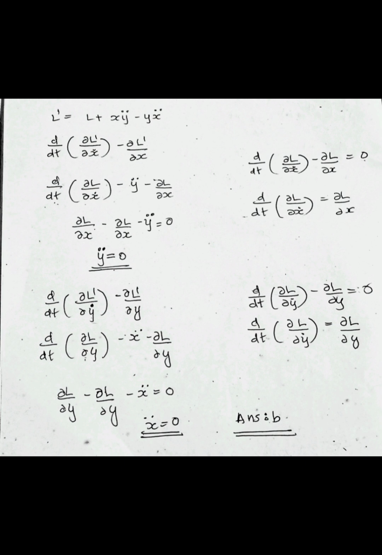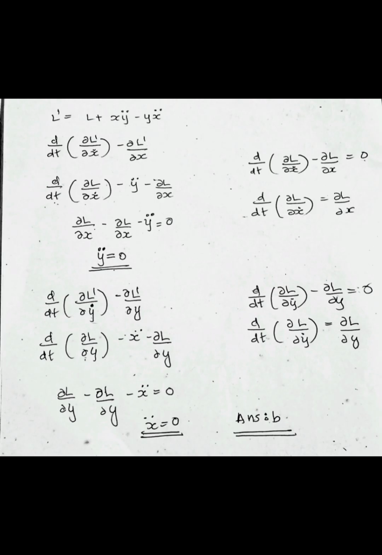Now L dash is equal to L plus x y double dot minus y x double dot. So by differentiating L dash with respect to x dot and x and substituting, we get d by dt of dou L by dou x dot minus y double dot minus dou L by dou x.